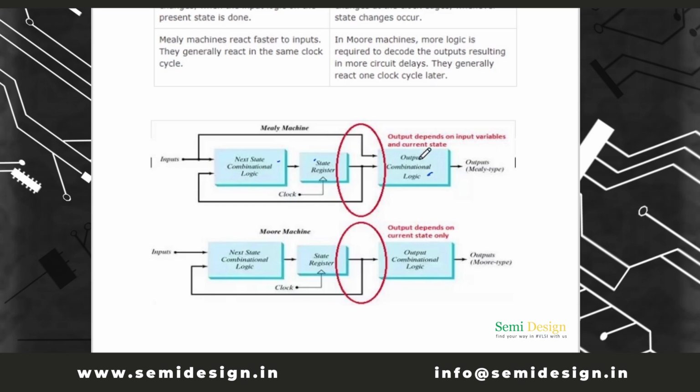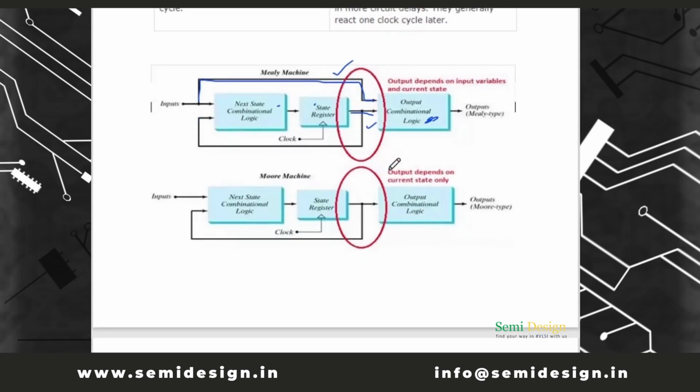The output logic is a function of this present input and this present state register. So output is a function of present input and present state, whereas in Moore FSM, the output logic is a function of present state only. There is no input. This is the first point.